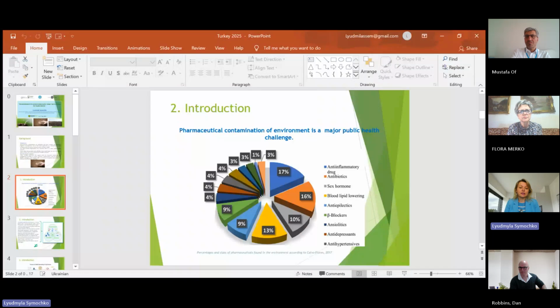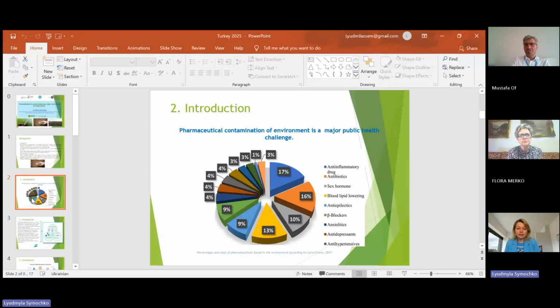Here you can see a diagram, and it's visible that in first place, if you consider pharmaceutical contamination of the environment, is anti-inflammatory drugs, and in second place, antibiotics, 16%.